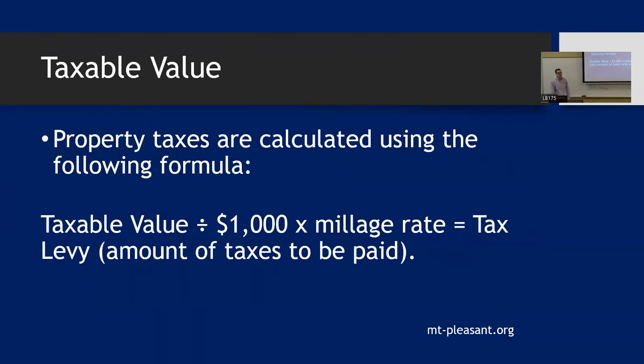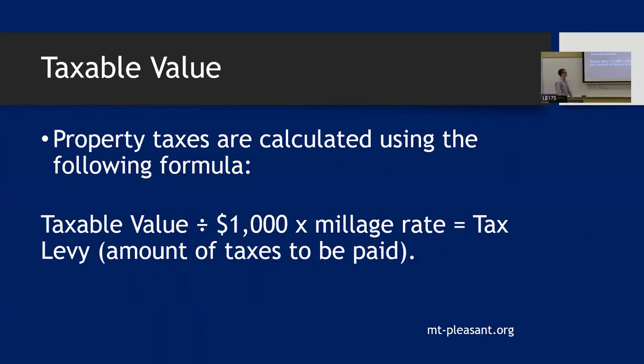And that's the taxes you have to pay. All right. Again, millage rate is kind of weird because of this per $1,000 taxable value deal. So you just take the taxable value, divide it by 1,000, and then multiply times the millage rate. And that's your property taxes. Pretty straightforward, right?